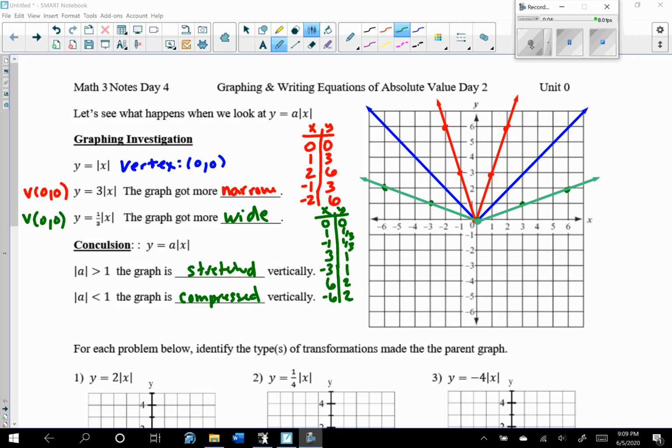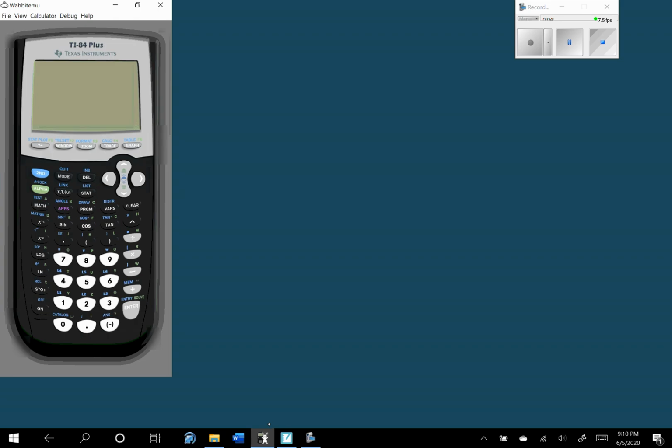Now, again, we're not using our graphing calculators, but you could always use your graphing calculator to check your work when you are finished. If you go to your y equals, you can go to math and right arrow to number, and you can see that the first one says ABS, which stands for absolute value. If I hit that, we can get our absolute value bars on our graph. If I were to just graph the parent graph, y equals the absolute value of x, you can see that's our graph.